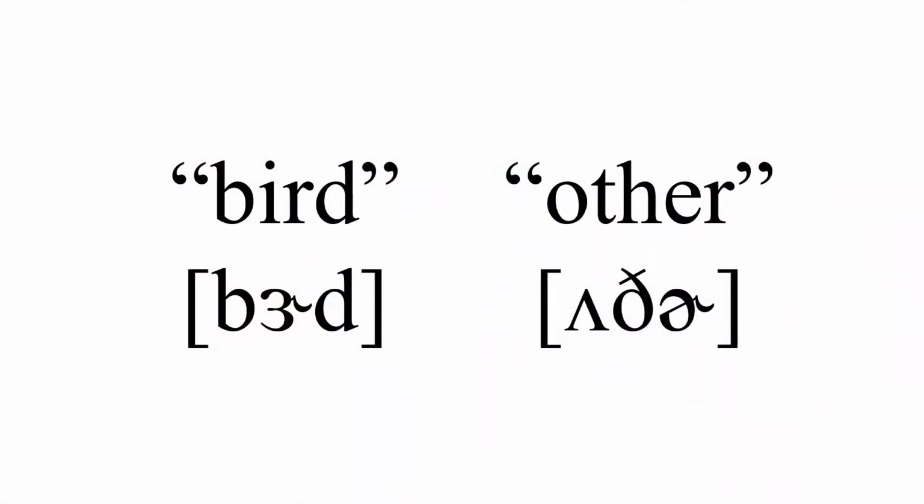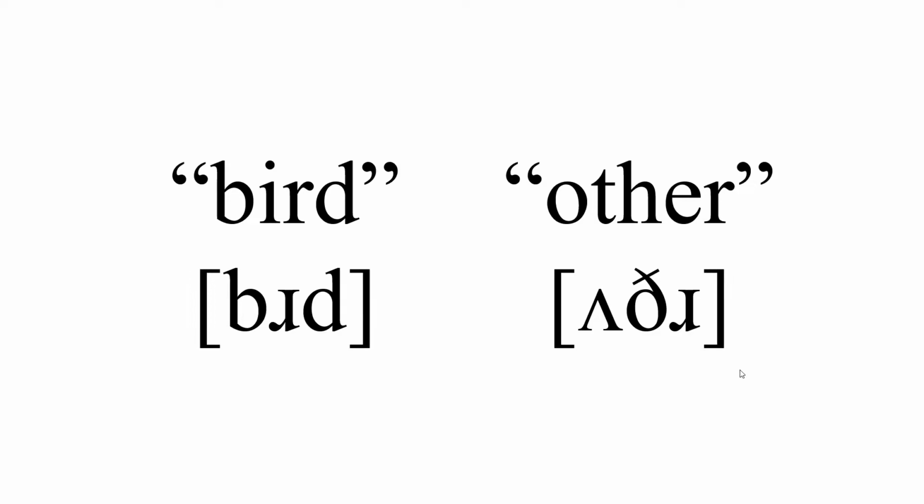Okay, there is a convention out there, I've heard, that you should use this sort of backwards epsilon with the rhotic symbol for when this syllabic R sound is stressed, and you should use a schwa with the rhotic symbol when it's unstressed, kind of like here, bird versus other.